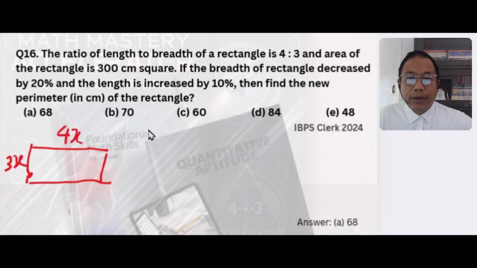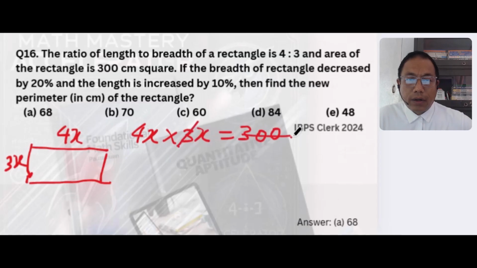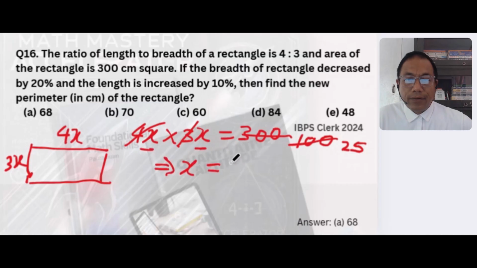Area is length times breadth. 4x into 3x is 300. 3 into 100, 4 into 25. X into x is x squared. X squared is equal to 25. That means here x is 5. 5 squared is 25.